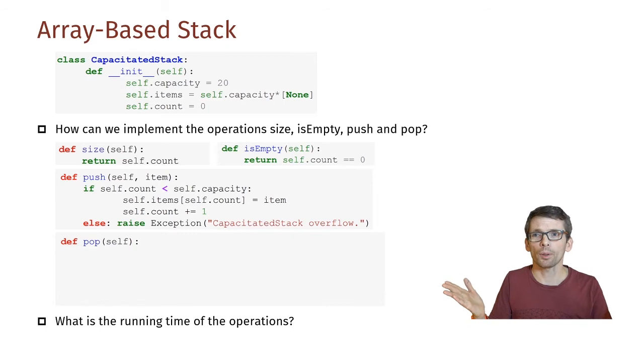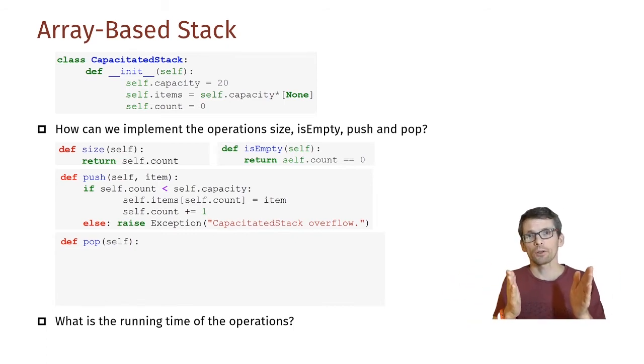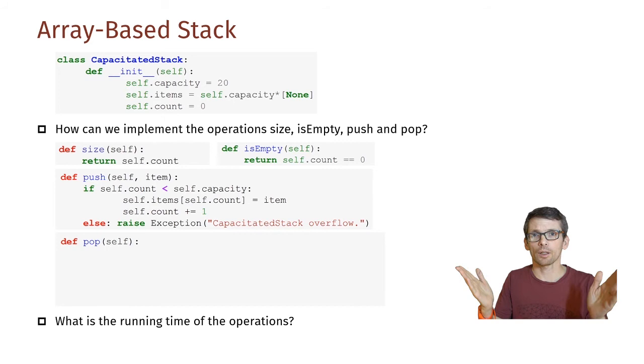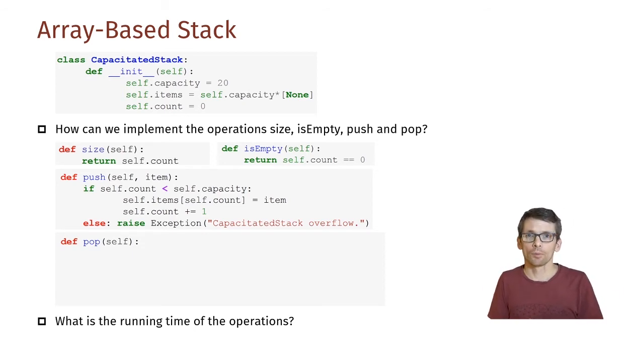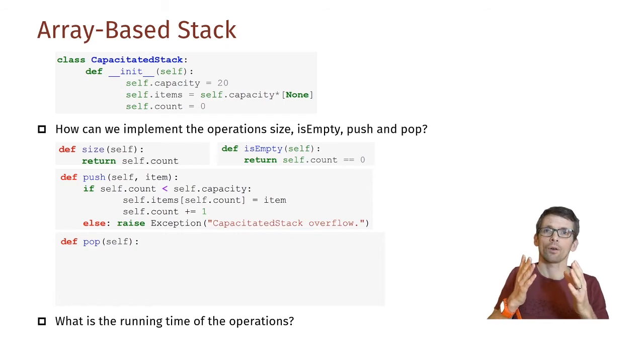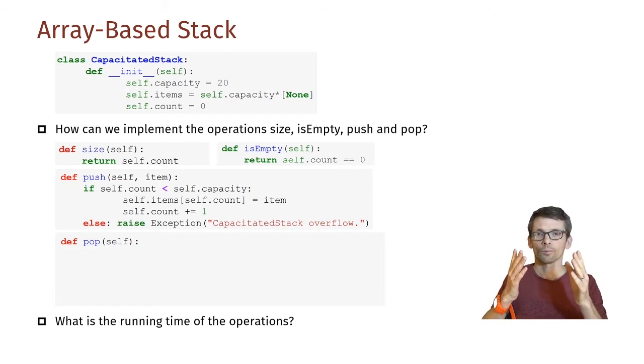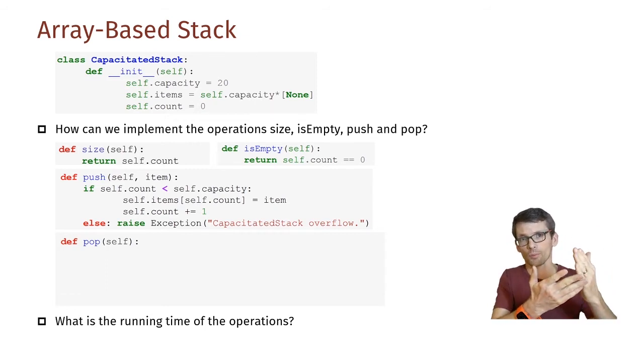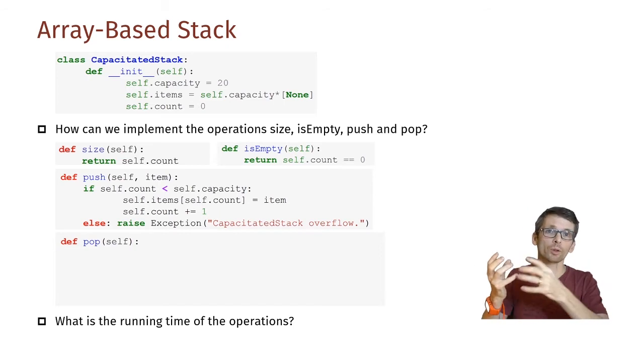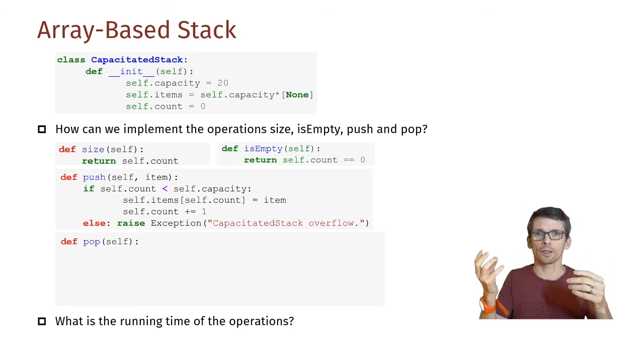Now pop, how do I pop? First of all, I need to check whether I can actually pop an element, which means I have to check whether the stack is empty. If it's empty, I shouldn't be popping. Otherwise, I'm going to take the element not at my current count, because that is unused, but just the position before that. That is the element that I want to return, so I need to store that, and then I can simply decrease the count by 1.